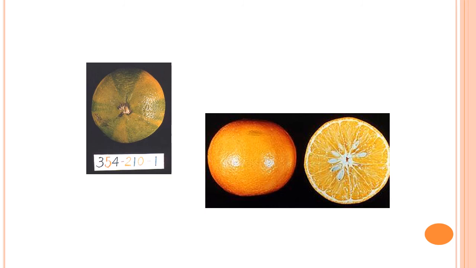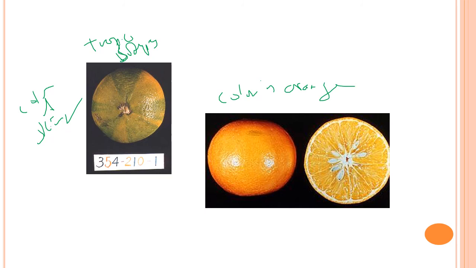You see, this is the color I'm talking about. This is what you get in the tropics and subtropics, the color of the skin, whereas here the color is orange in the Mediterranean, and this is all because of cold weather.